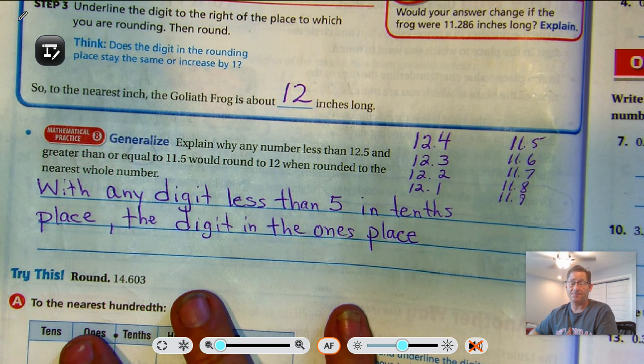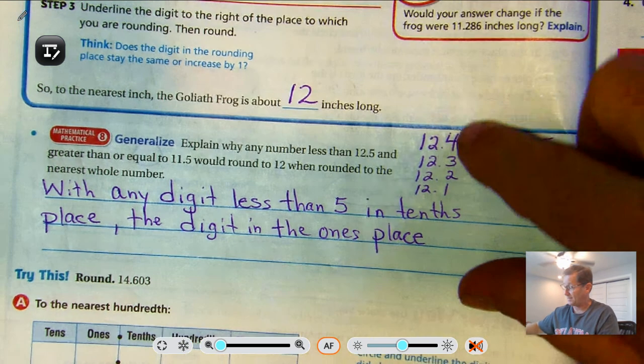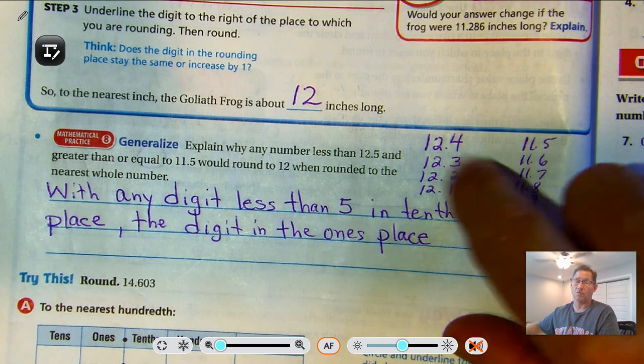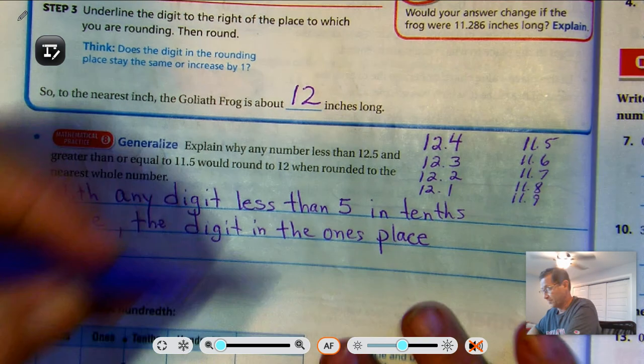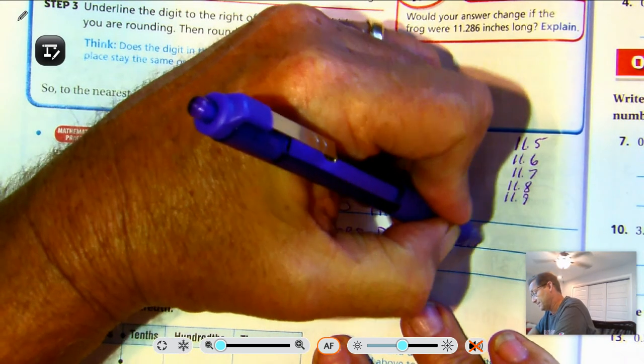Any digit that's less than 5 in the tenths place, these are all less than 5. So the digit in the ones place, the 2, has to stay the same or remains unchanged.